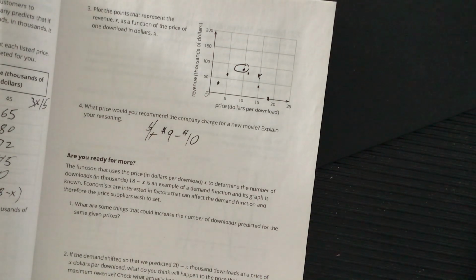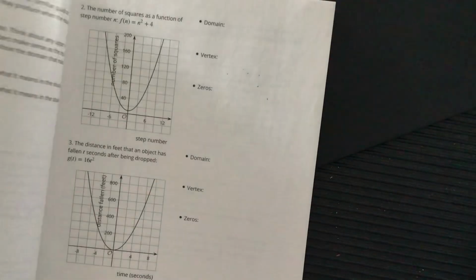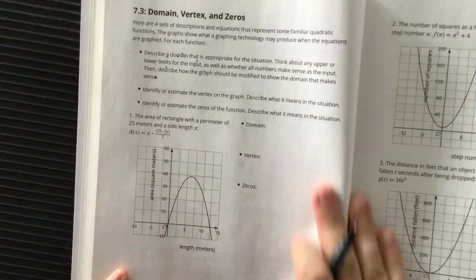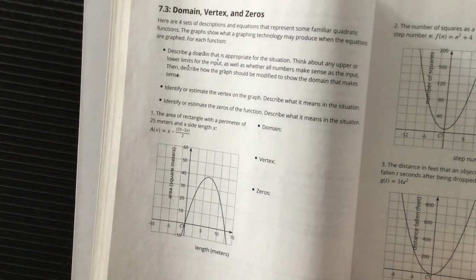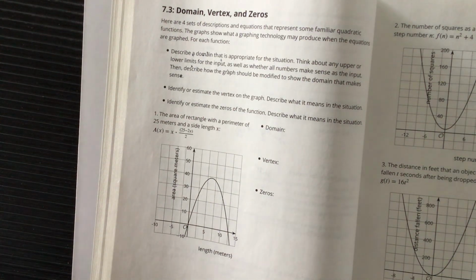Okay, we're going to skip the are you ready? And get right into the next few questions. Kind of all asking the same thing. There are 4 of them. So we got to know what these terms mean.